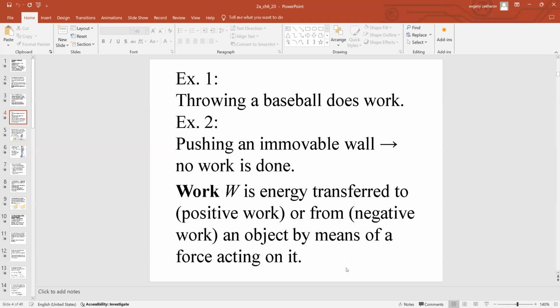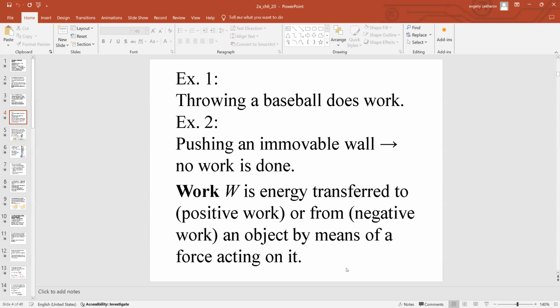Okay, so here's an example. You throw a baseball, and that means you do work on the ball by throwing it, giving it some kinetic energy of motion. And let's say you try to push a wall, and the wall just keeps on standing still.